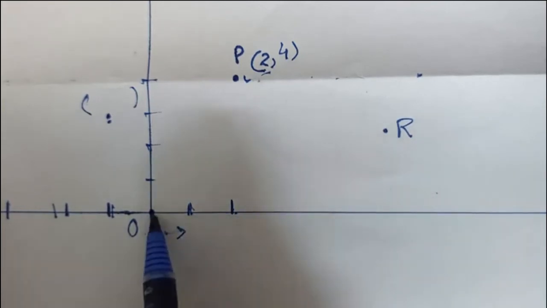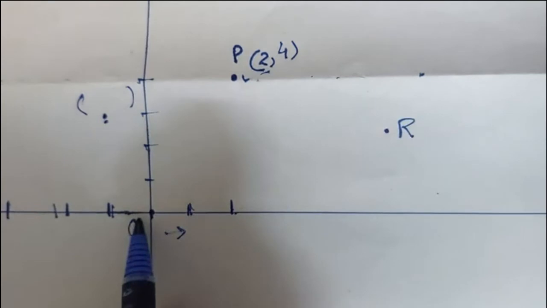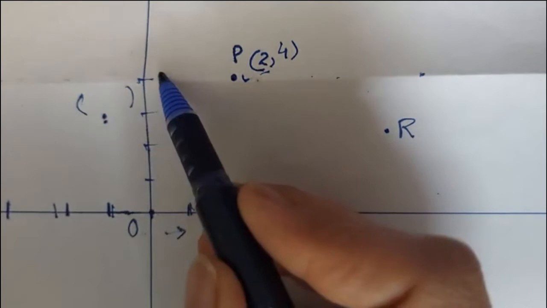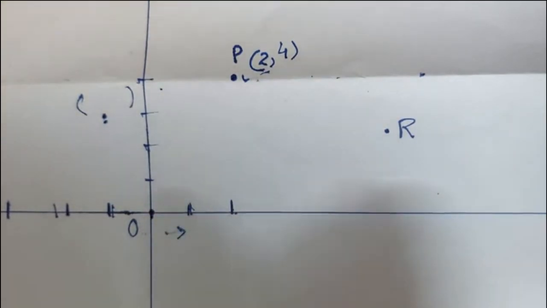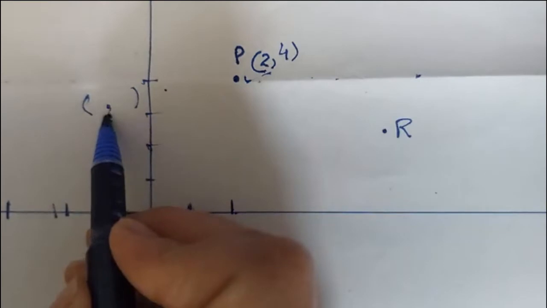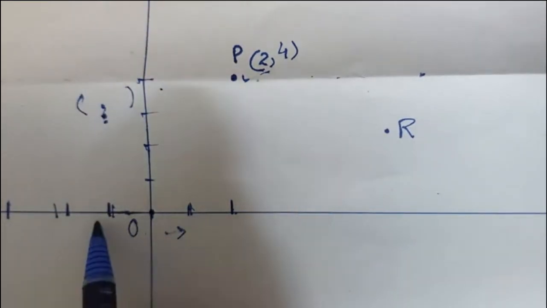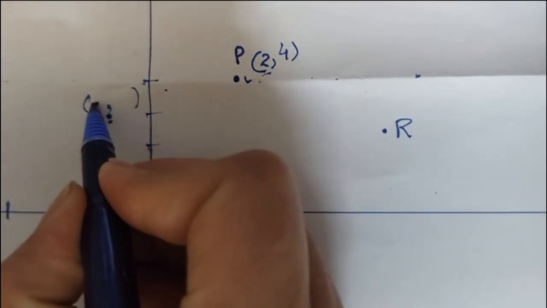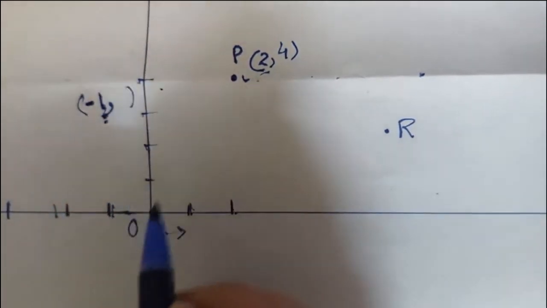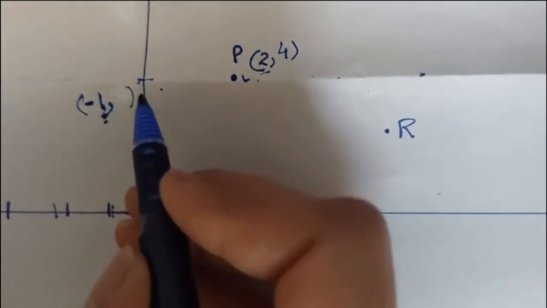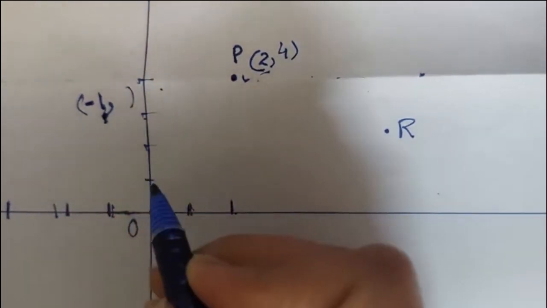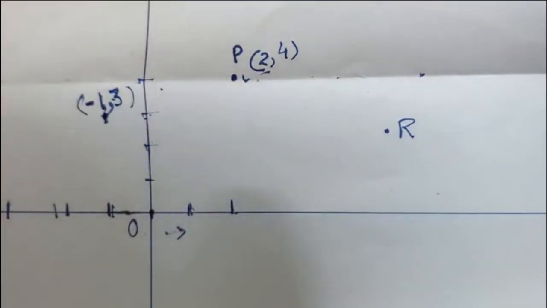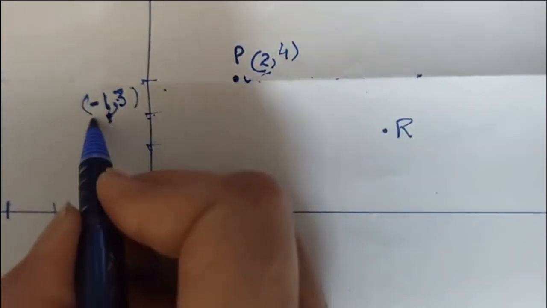The distance towards right is taken as positive, the distance towards left is taken as negative, the distance upwards is taken as positive, and downward it's taken as negative. So first of all, we write right or left. For reaching here, we must go left by 1 unit. So that's why -1, and upwards I have to go approximately 1, 2, 3. And because it's upwards, so +3. So this is the location of this point S.